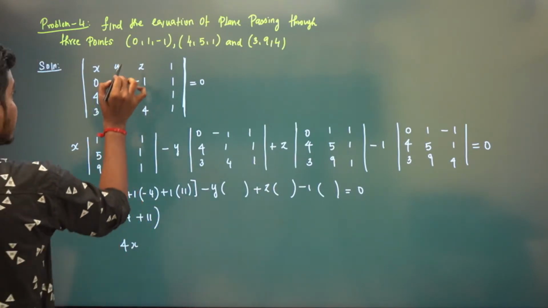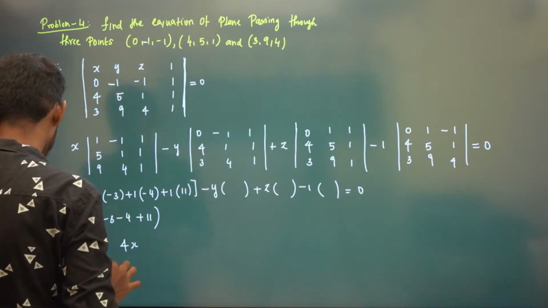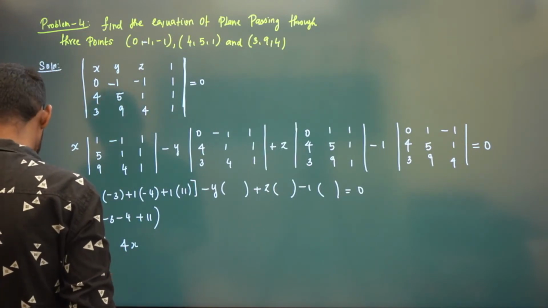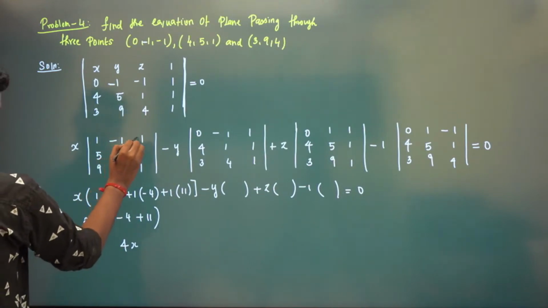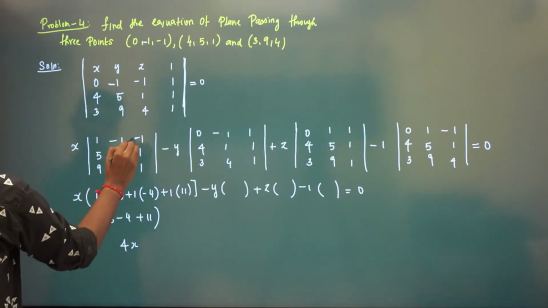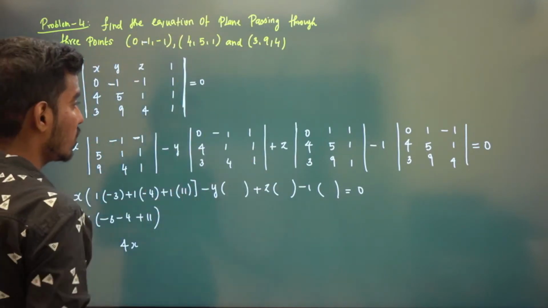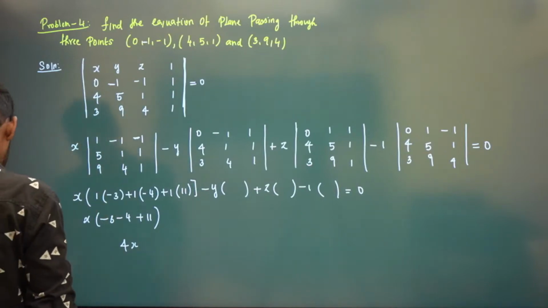The question is minus here. 0 minus 1 minus 1. See, even if it is plus, no problem, right? Just 3 points only. 0 minus 1 minus 1. Okay.